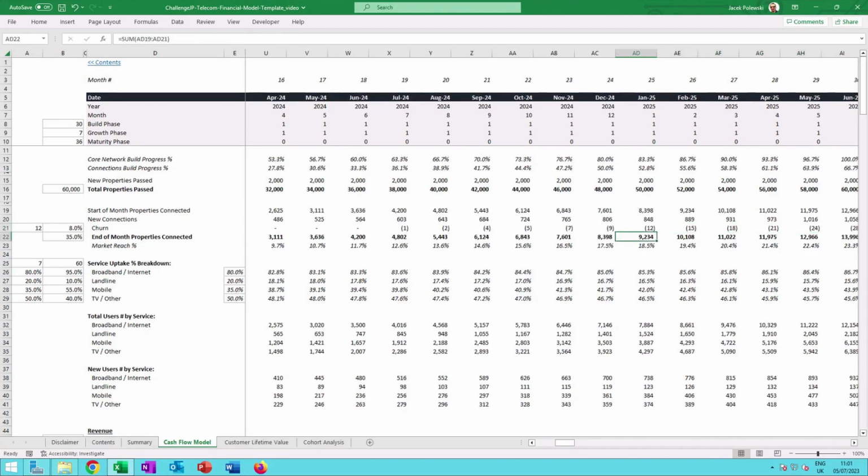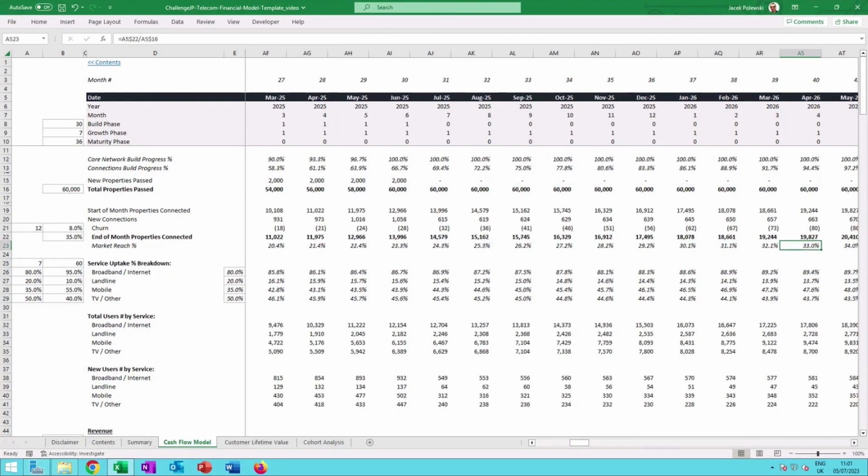And that allows you then to finally calculate the number of properties that are connected at the end of the month. And then if you look at that market reach calculation here, you will see that the target in our assumption is 35%, and then eventually the model reaches the target in month 42. So we're assuming that it takes 36 months for that growth to be achieved, plus 6 months of the setup period.